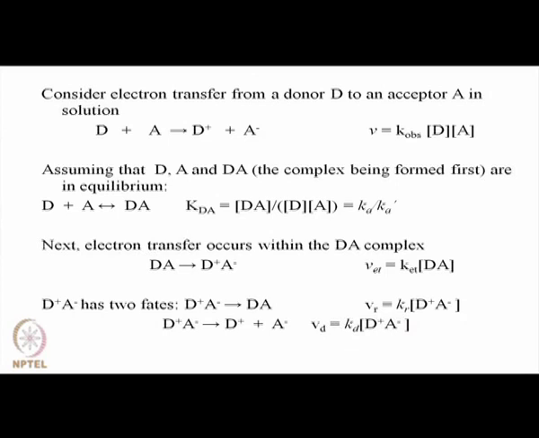Okay. So, the rate of electron transfer means the rate of the electron transfer reaction, which is V electron transfer, equal to K electron transfer times the concentration of dA. Now, this D plus A minus has two fates: one is back electron transfer or reverse electron transfer, and the other option is the dissociation of this D plus A minus.